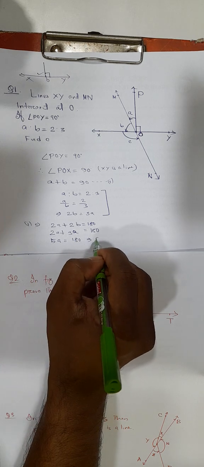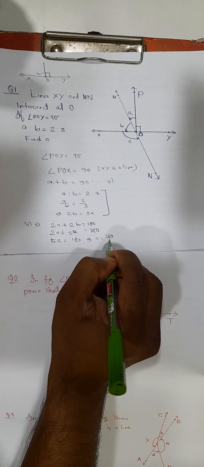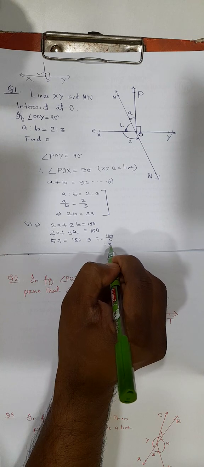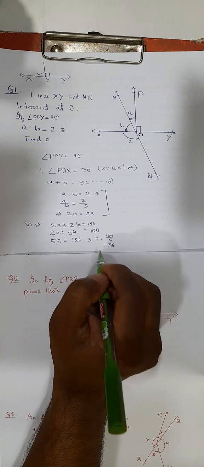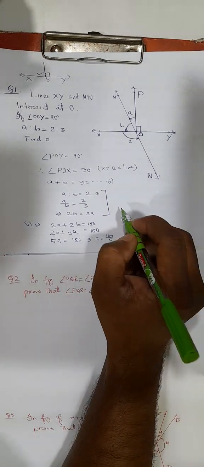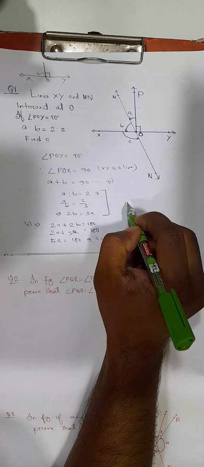This implies that A equals 180 by 5, that means 36. Right?